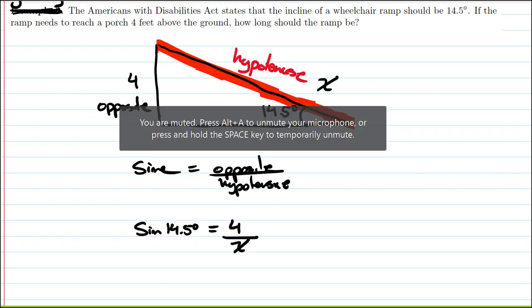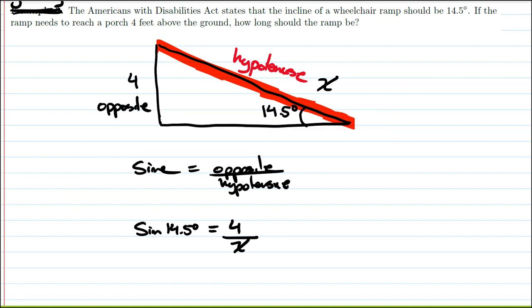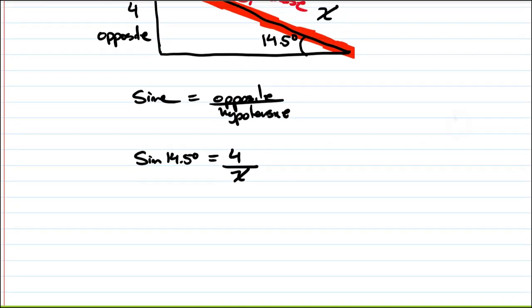Alright, so since we know the opposite and the hypotenuse, that says we should use our sine function. So setting it up, we have the sine of 14.5 equals 4 over our hypotenuse, which is x.